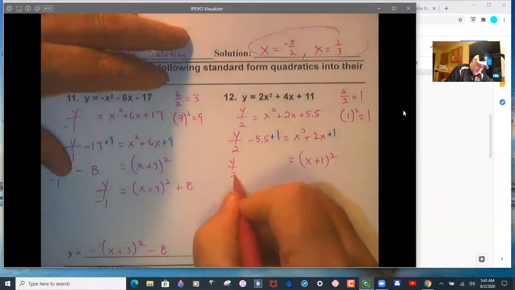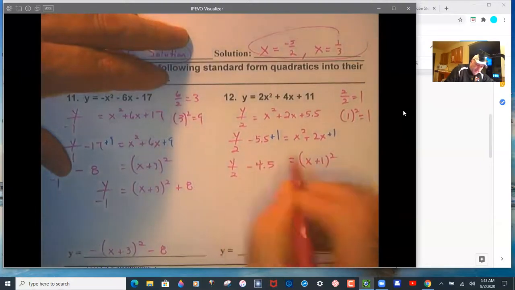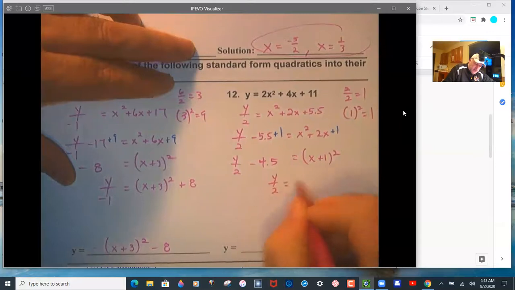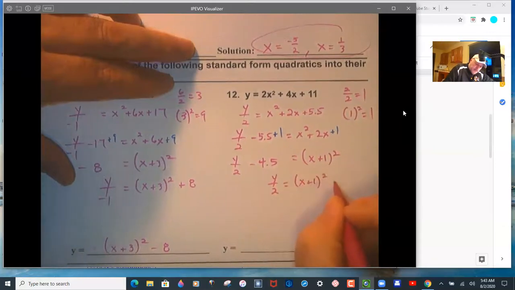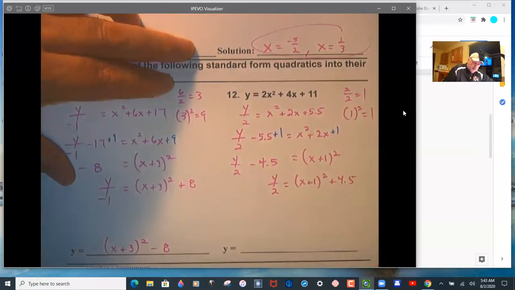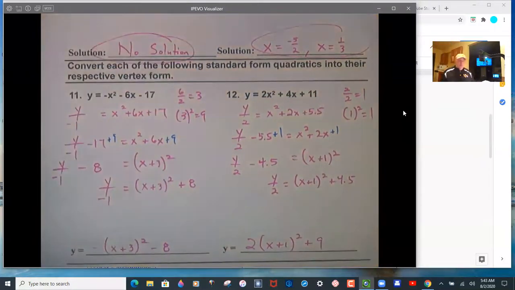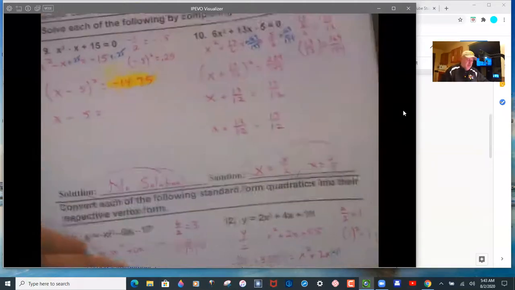So y over 2 minus 4.5. So y over 2 equals x plus 1 squared plus 4.5. And now multiply everything by 2, so the 2 goes in front, and the 4.5 by 2 gives you 9. So if you like a lot of algebra steps, that's what this page is about.